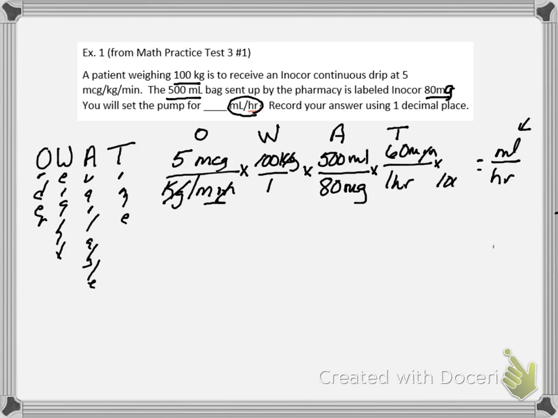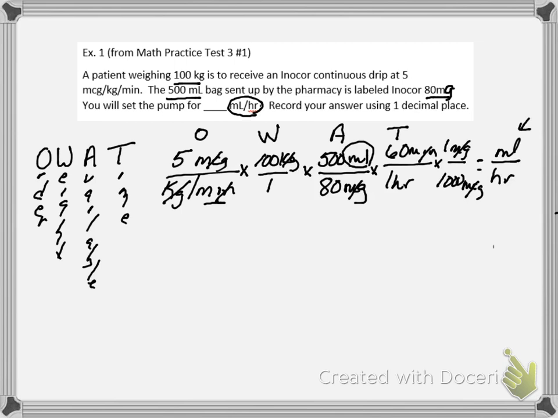And I know that 1,000 mcgs is 1 milligram. So now I can cross out the mcgs. I can cross out the milligrams. So I look across and see what's remaining, and it's milliliters, and that's what I need on top.